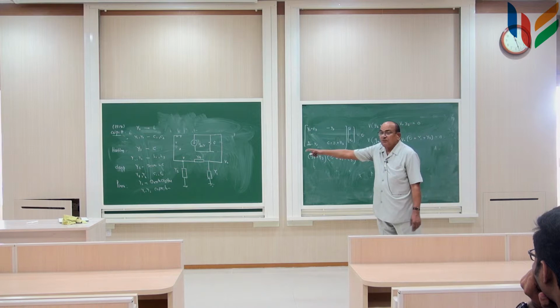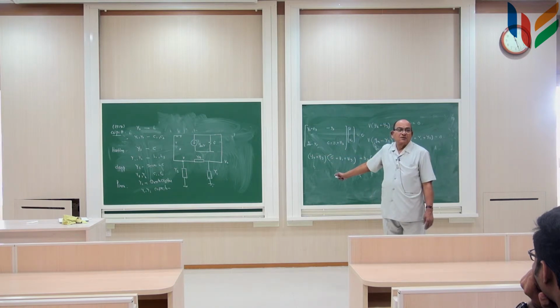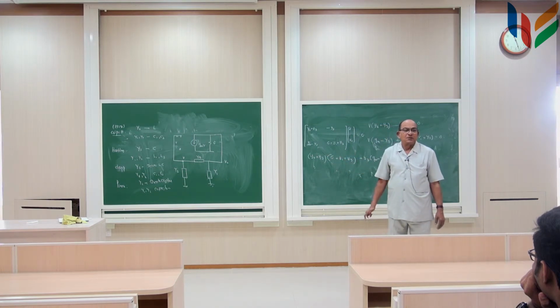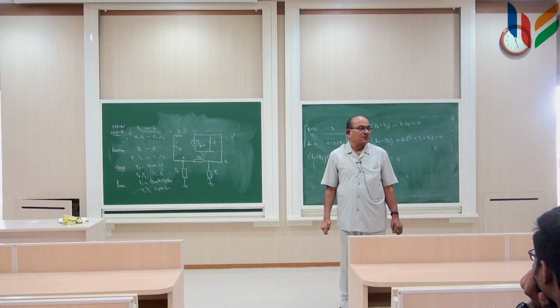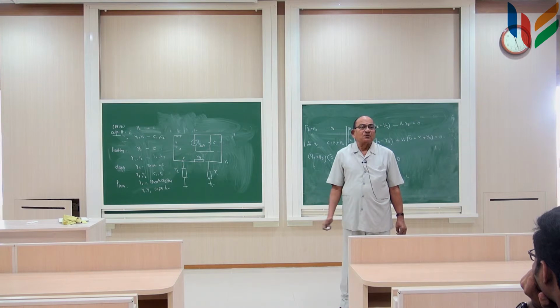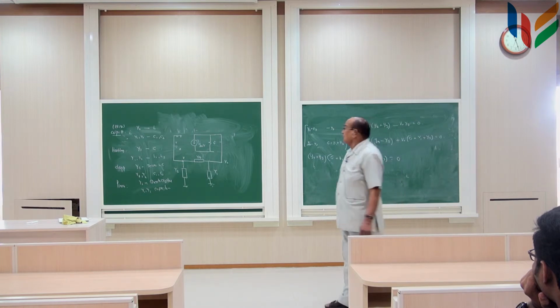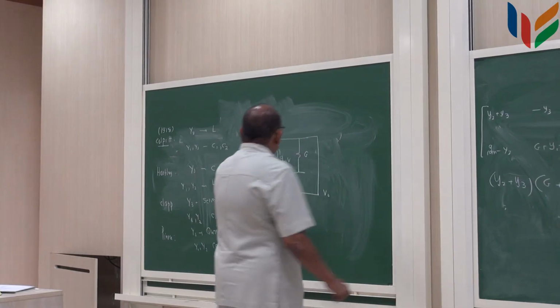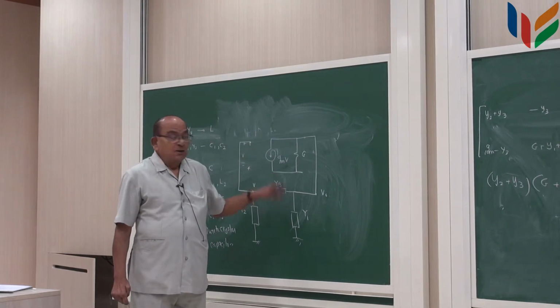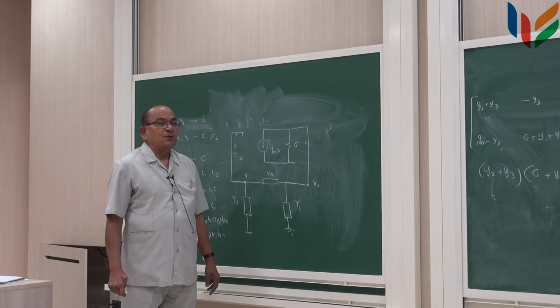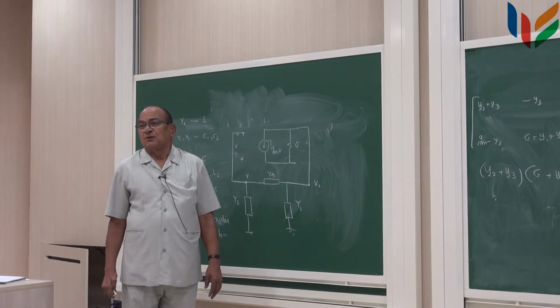Similarly, if you put Hartley values into it, equating the real part and the imaginary part to 0 will give you the oscillation frequency, and the condition for oscillation in terms of the Gm requirement for this to oscillate and at what frequency it oscillates.